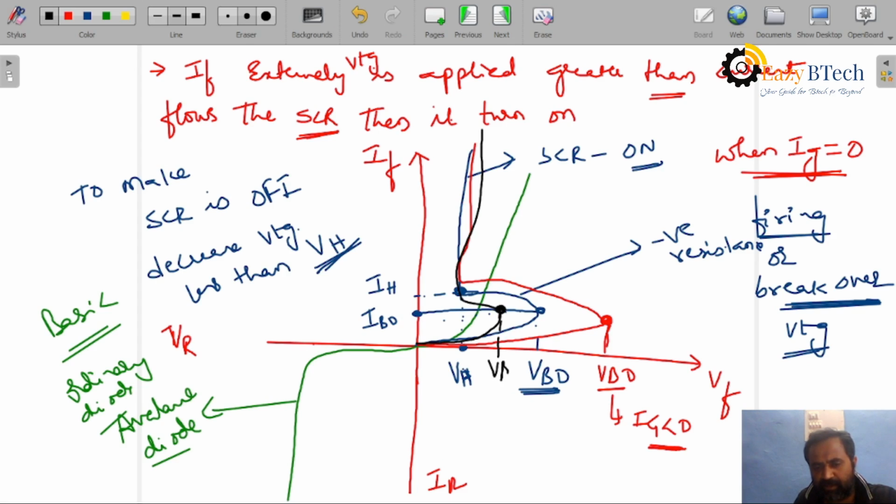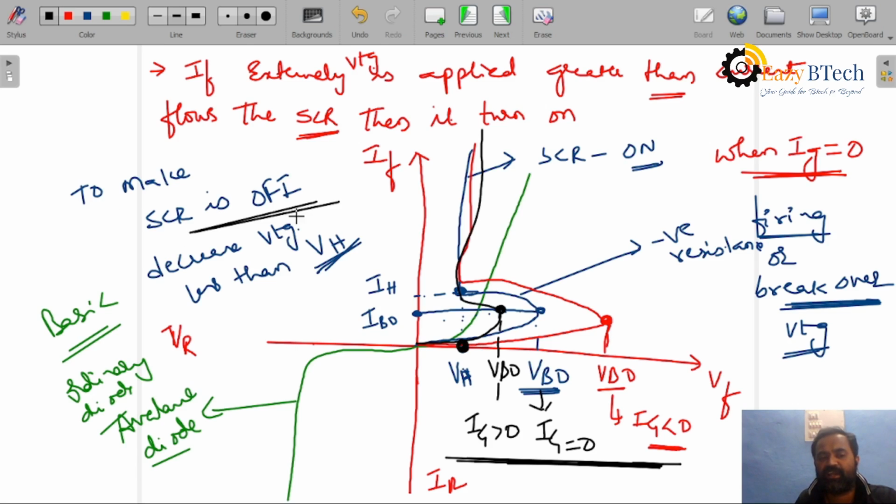This is VBO for gate voltage 0. This is for gate voltage greater than 0. This is the holding current. To make the SCR off, decrease the voltage to less than the holding voltage VH, and the SCR is completely off. Okay.